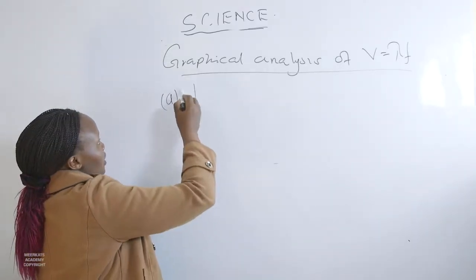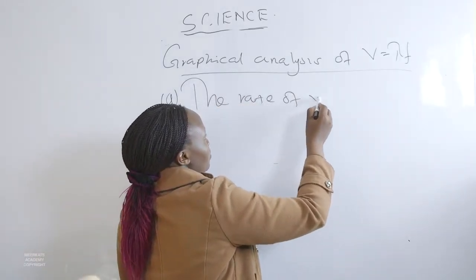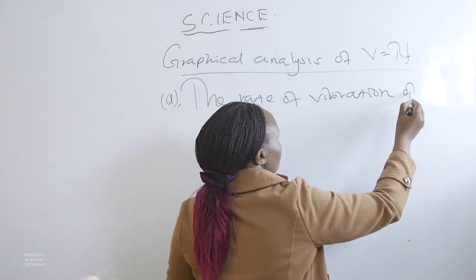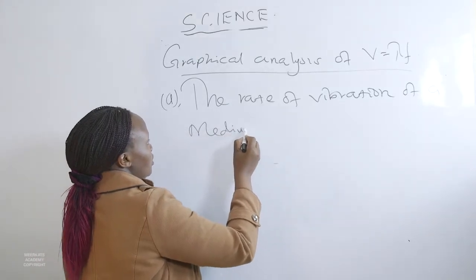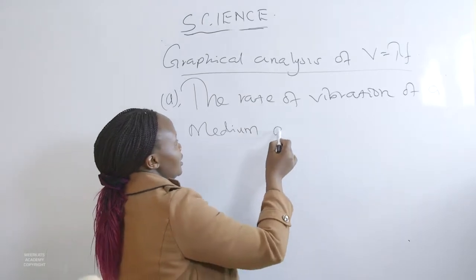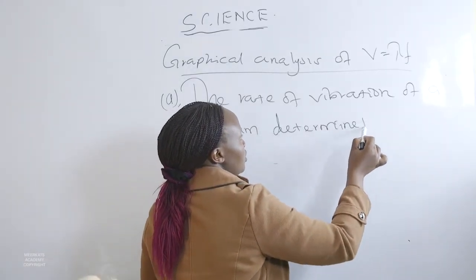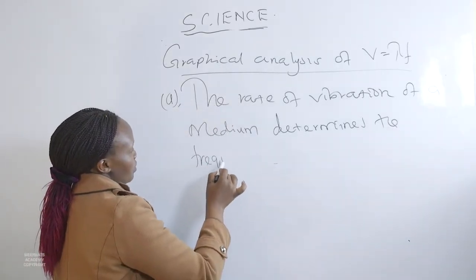Number one is that the rate of vibration of a medium determines the frequency of a wave train.